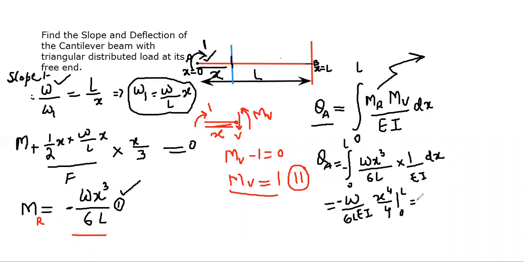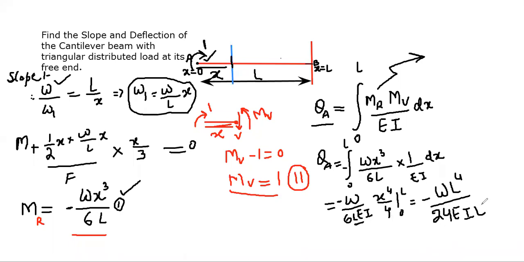This becomes minus w L raised to the power 4 divided by 6 times 4, which is 24, times EI. So w L raised to the power 4 divided by 24, and you have this L at the bottom, this L in the denominator.